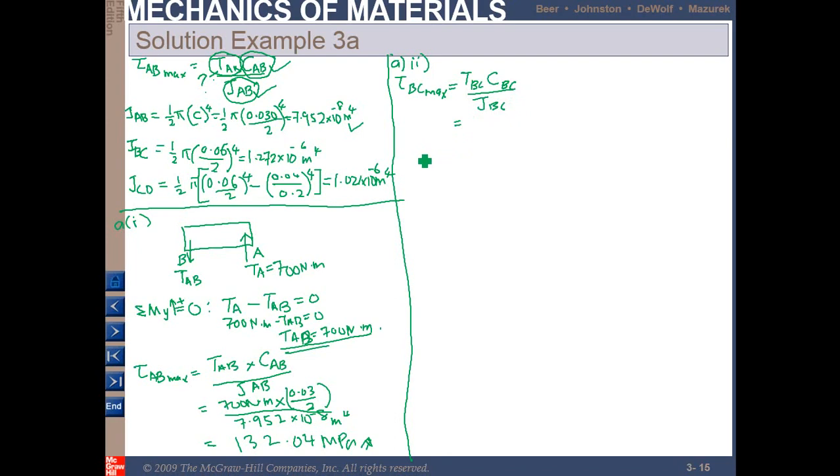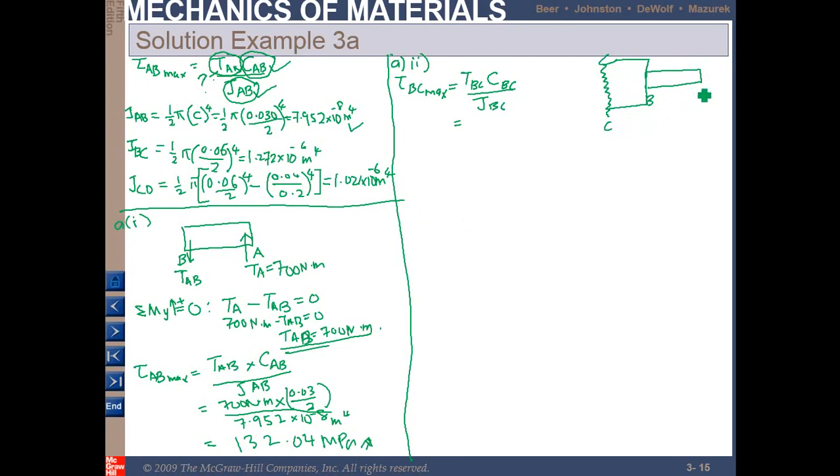So for the segment of rod BC, this is your AB, this is point B, this is point A. So your rod BC is a little bit bigger. So this is BC. So at point A, it is the same.